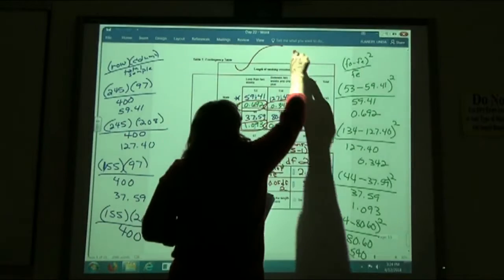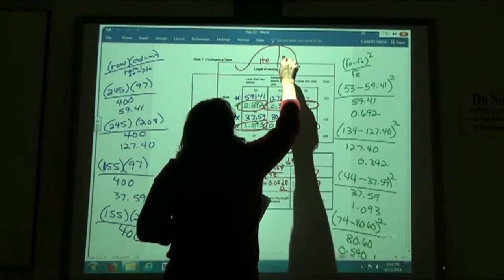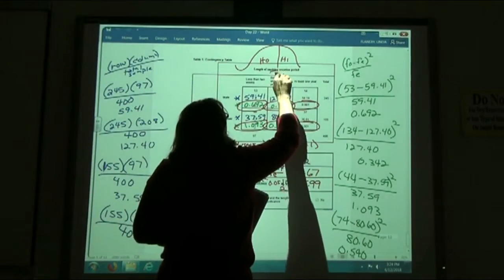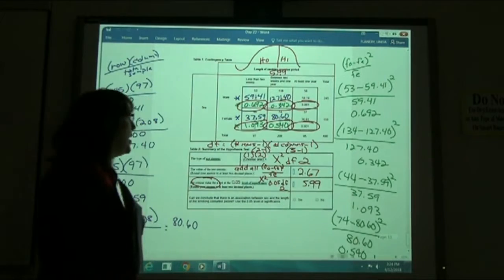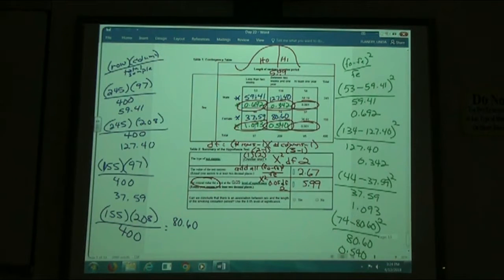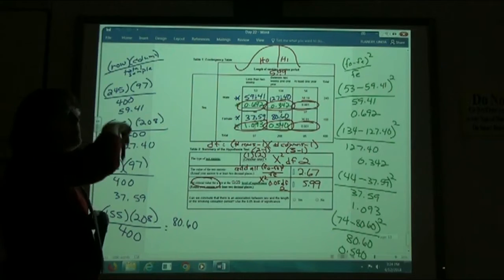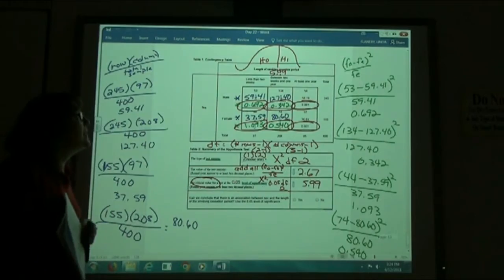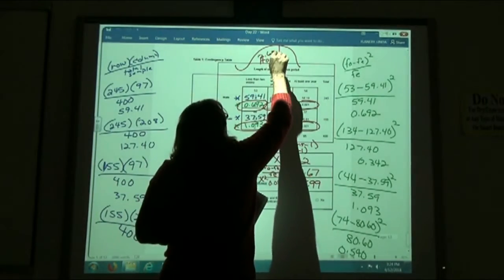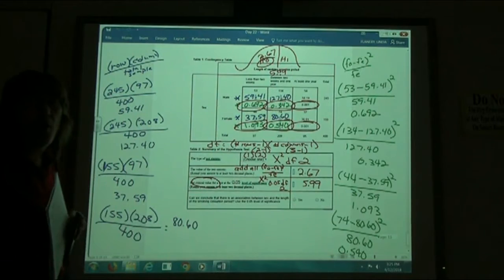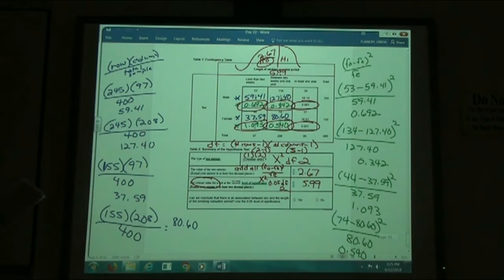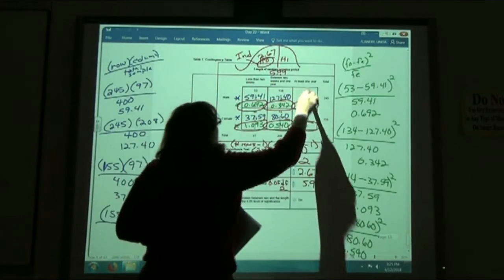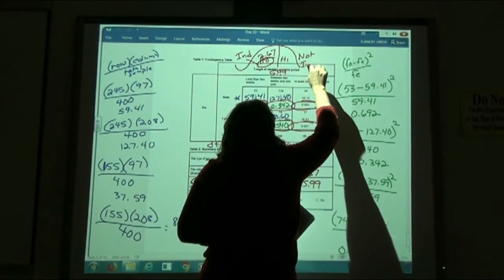So again, H0 is here, H1 is here. Our critical value is 5.99. We're figuring out where our test value belongs. Is our test value smaller or bigger than my critical value? Well, my test value is 2.67. 2.67 means I'm in the section with the null, right? So this is the independent, this is the not independent.